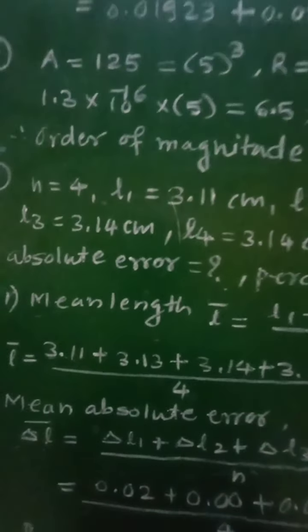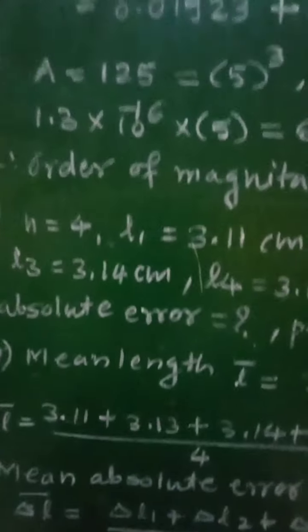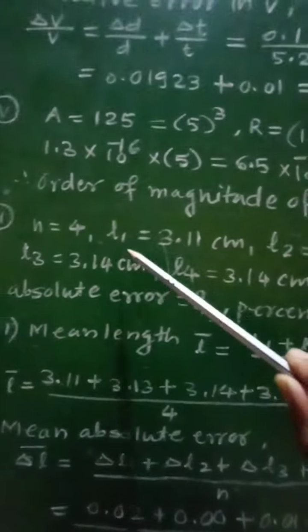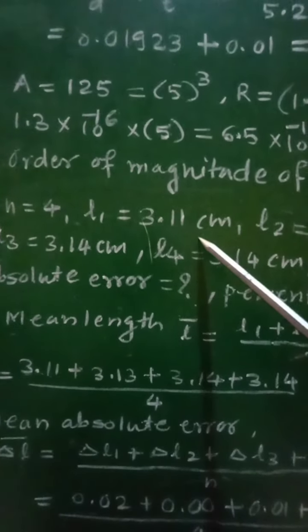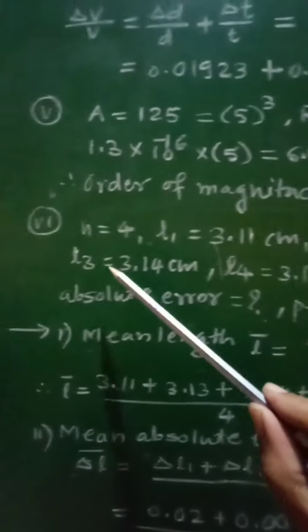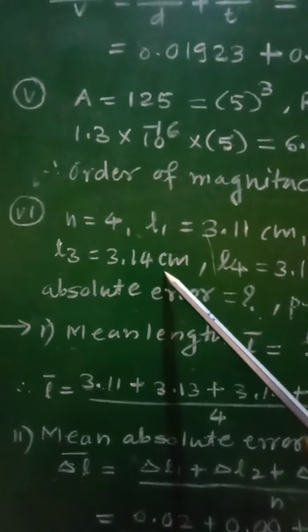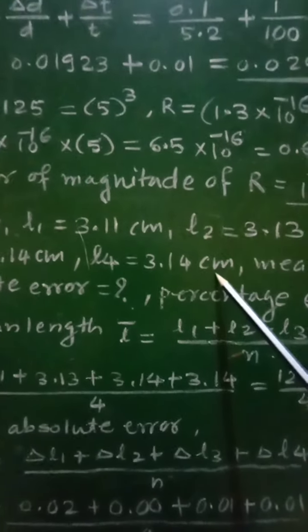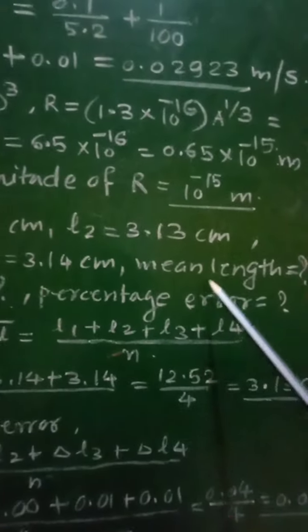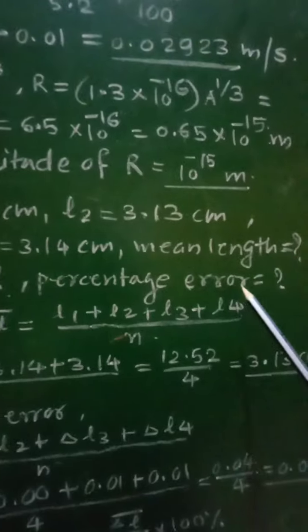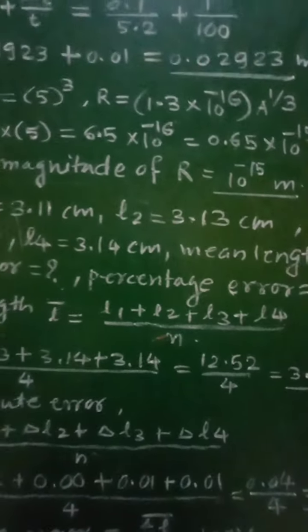For this numerical, the given data is total number of readings n equal to 4. L1 is 3.11 centimeter, L2 is 3.13 centimeter, L3 is 3.14 centimeter and L4 is also 3.14 centimeter. We have to find the mean length, the absolute error and the percentage error in the measurement of this length.